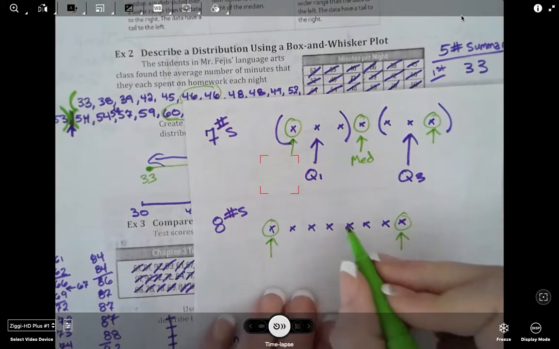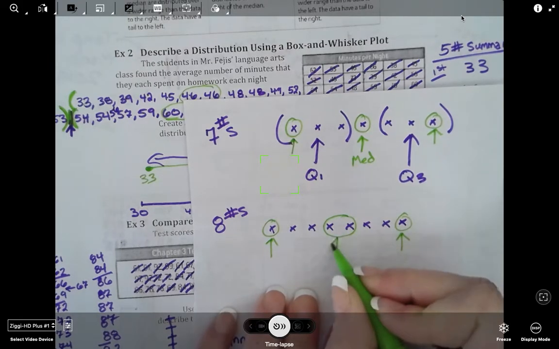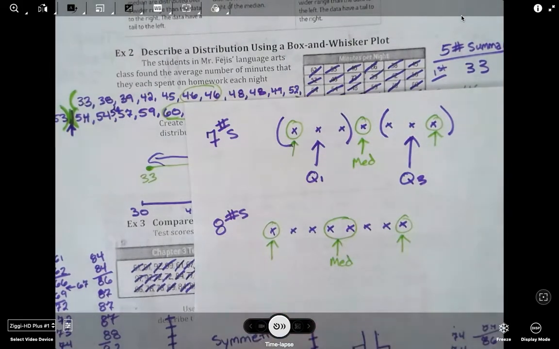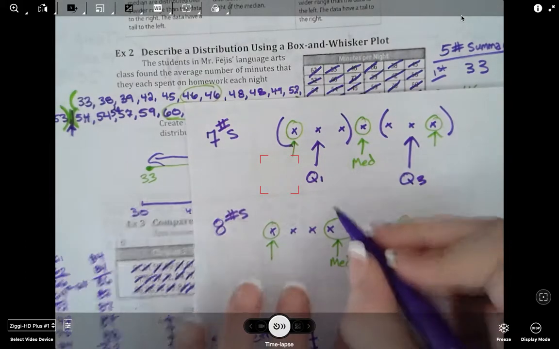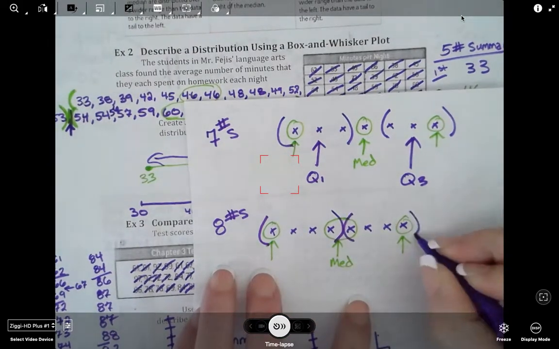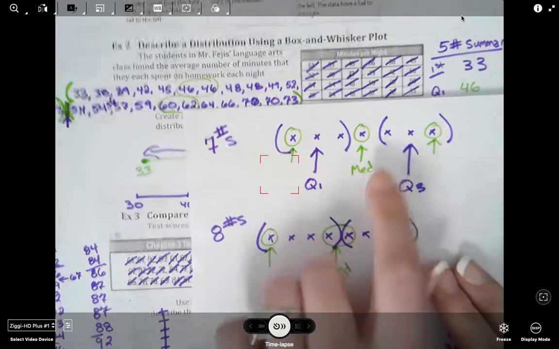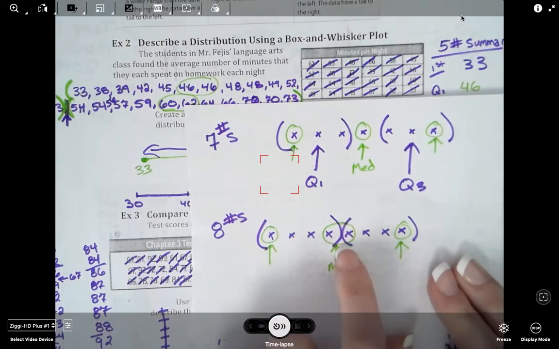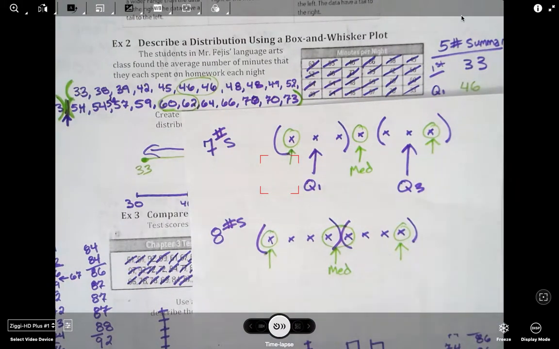No, so I average these 2 together. This is going to be my median, right? Now, since I did not have an exact middle number, where do I split them? In between the 2. So here, this is my range right here, and this is my range right here. Because there was not an exact middle number, I can put those 2 intervals right up next to each other. Does that make sense?